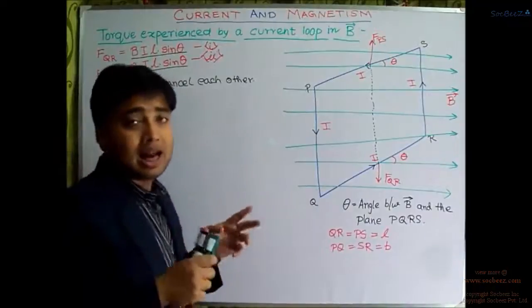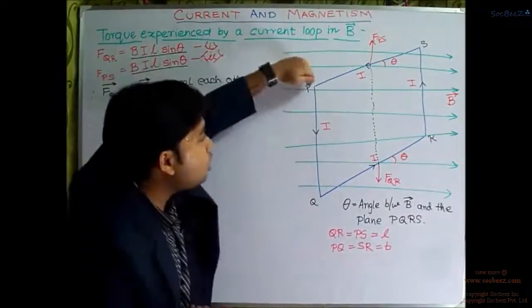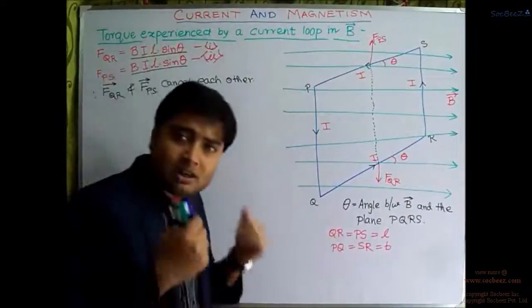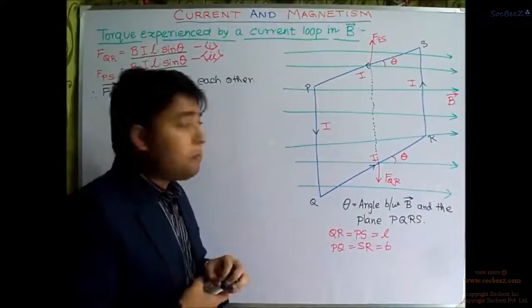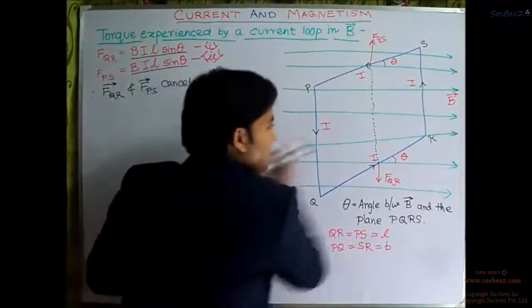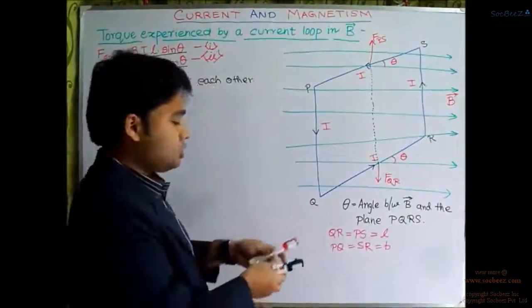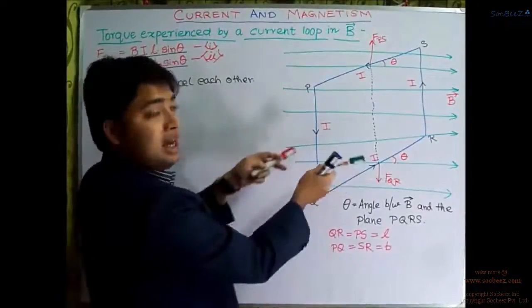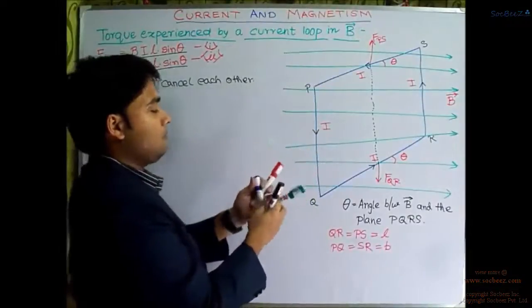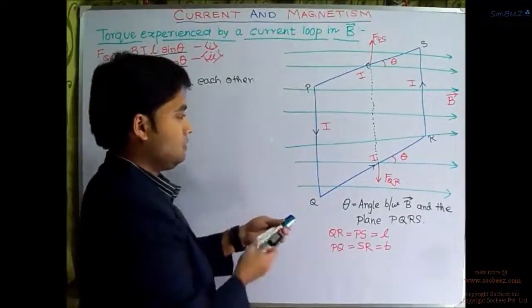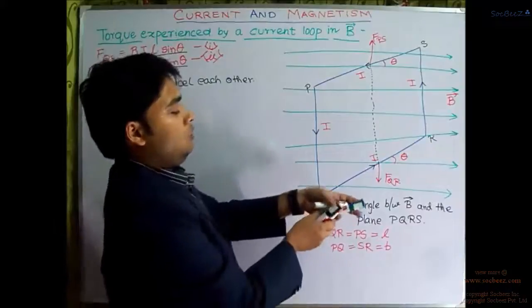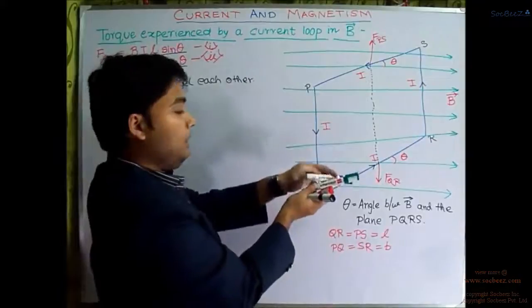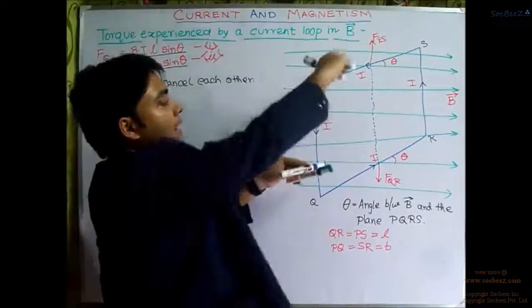It was like a cross product. The length is along this direction or this direction, take it anywhere else. But where is B? B is simply in this direction. So over here, this is B and this one is PQ, this one is say PS.